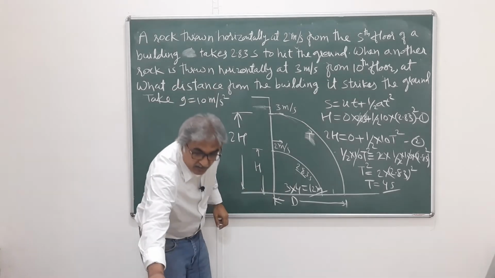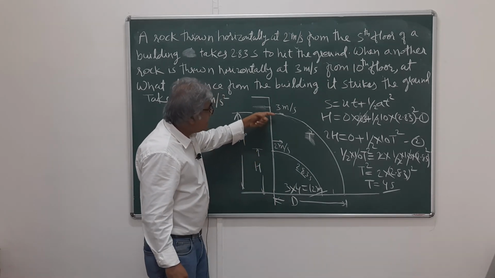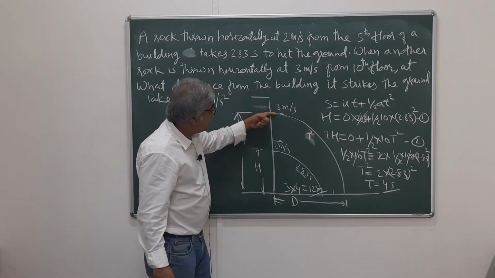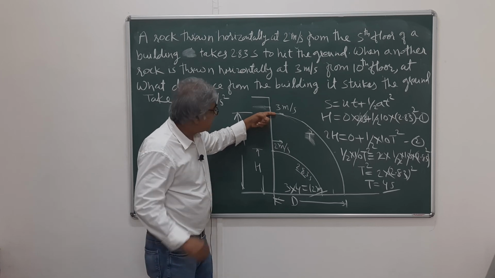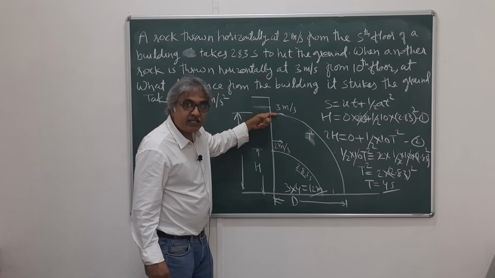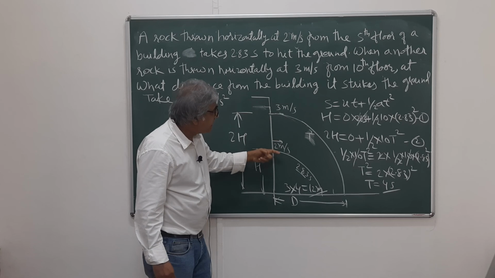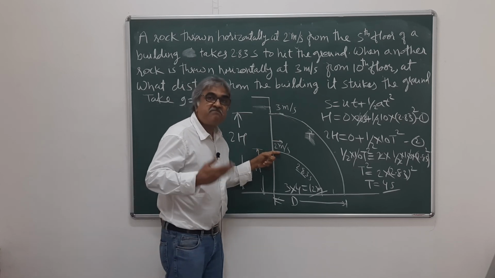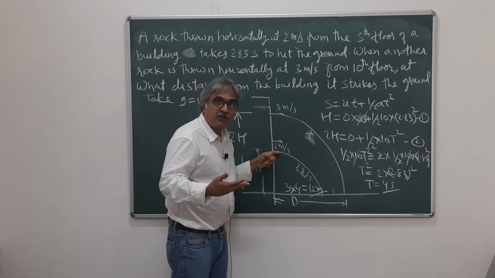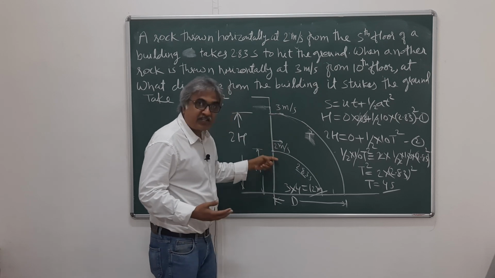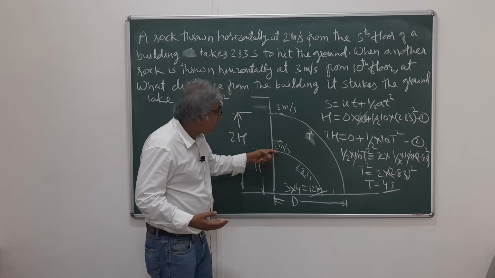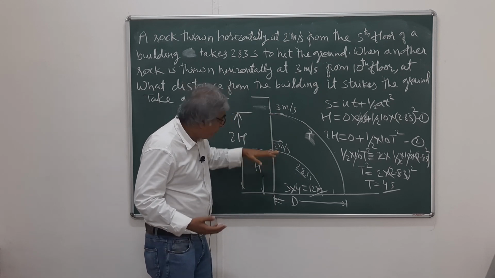Why? Please note that imagine this stone starts falling from this level at 0 initial vertical velocity. When it comes here, it has already picked up some velocity, because it has traveled h. That means it is not starting from 0.